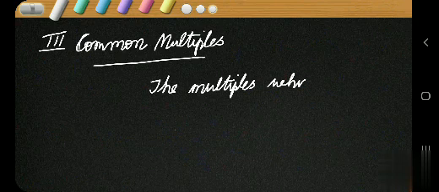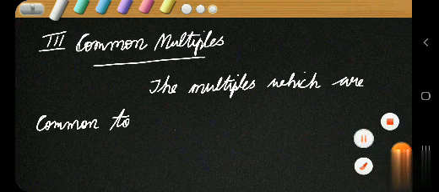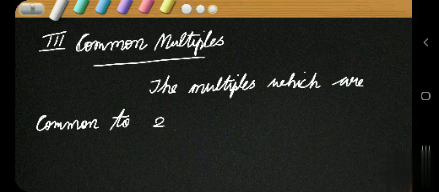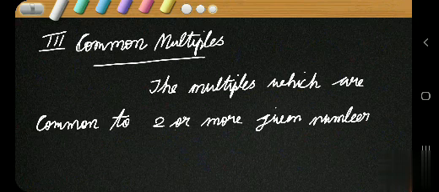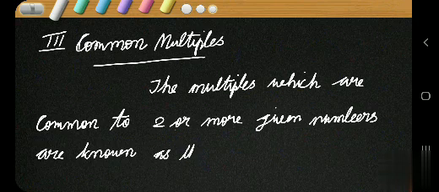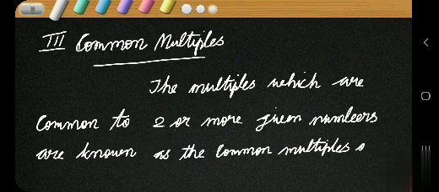The multiples which are common to two or more given numbers are known as the common multiples of those numbers.